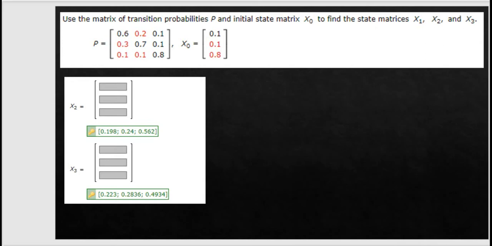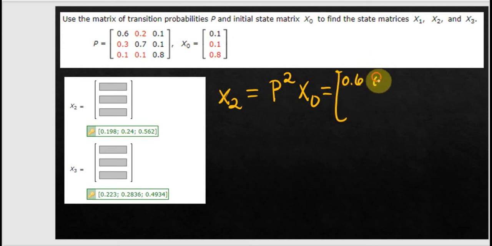Now it says to find the next state. Well, x sub 2 is simply going to be that same P matrix raised to the second power times the initial state. And so again, on my graphing calculator, I plug this information in.